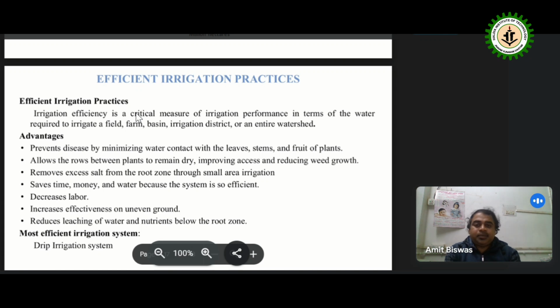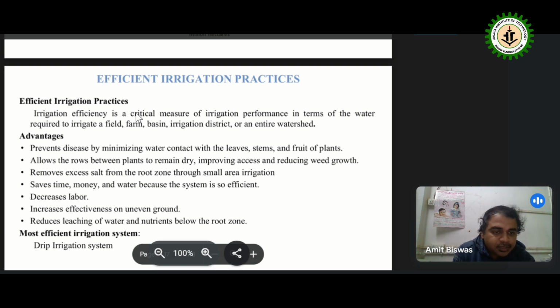Now for agricultural purposes, many irrigation practices are followed, such as surface irrigation, furrow irrigation, then check basin irrigation for rice cultivation. Sometimes for rice cultivation, the SRI technique and AWD technique, that is system of rice intensification and alternate wetting and drying, are used.